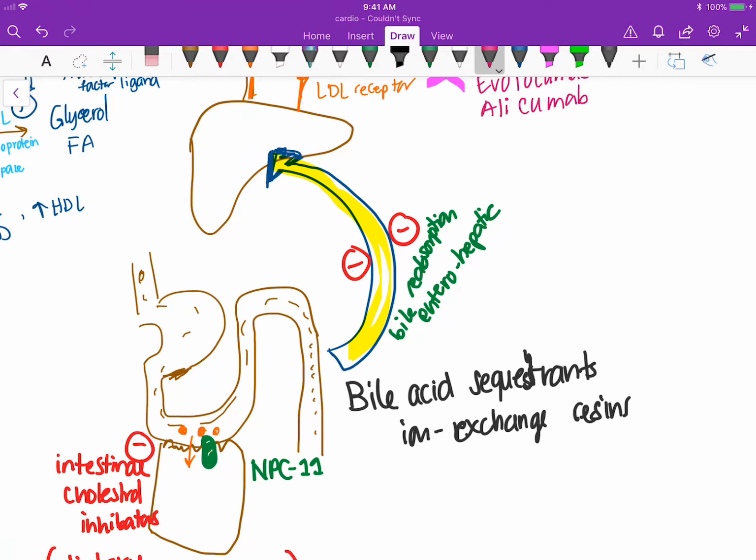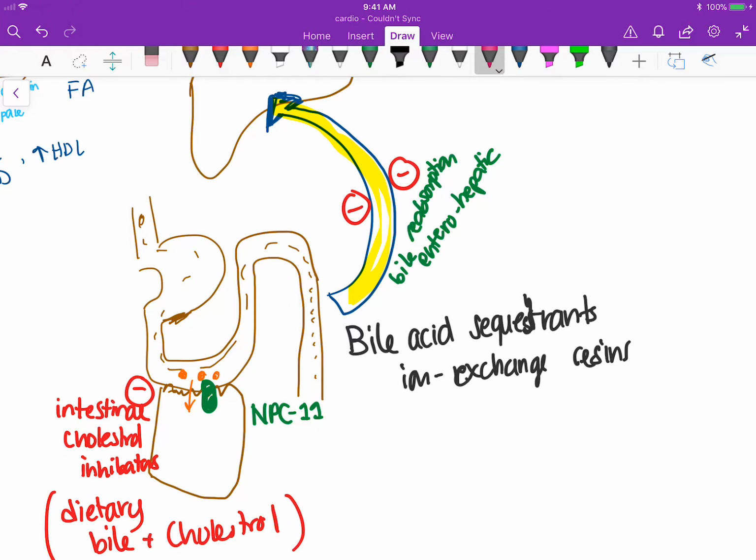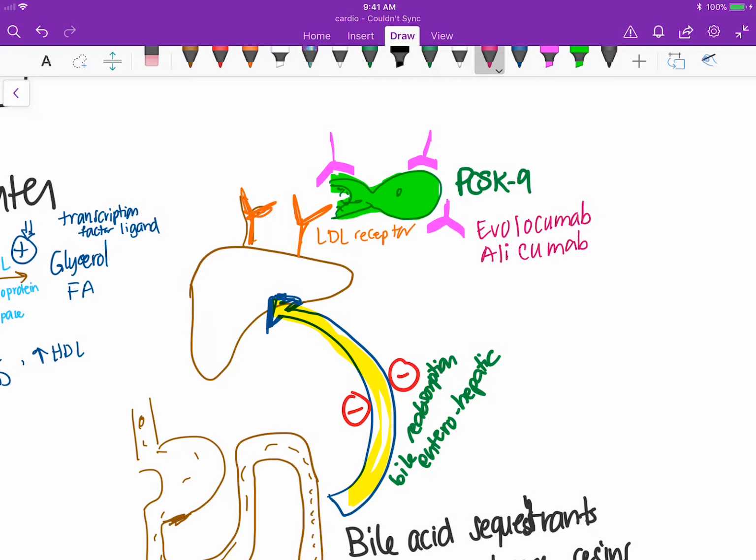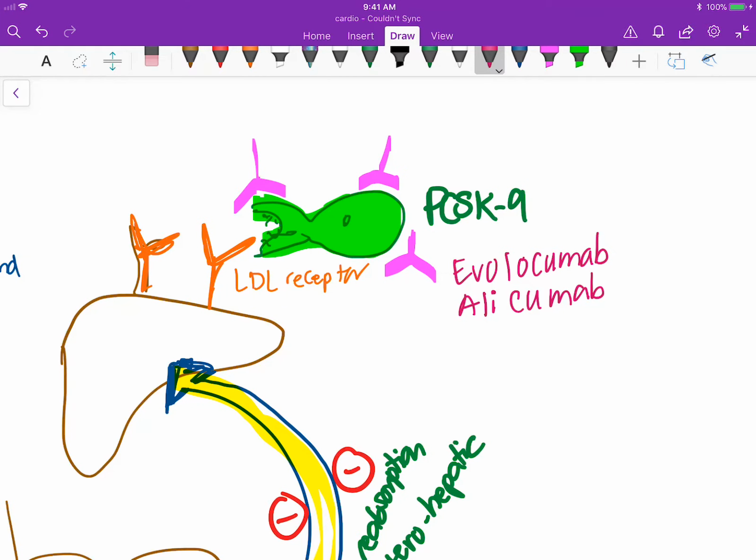You also have another way to inhibit dietary cholesterol and bile, through decreasing the NPC1L1 protein. So you have this inhibitor that prevents the cholesterol from going through the cells from the lumen to your body. And then you have PCSK9 inhibitors.